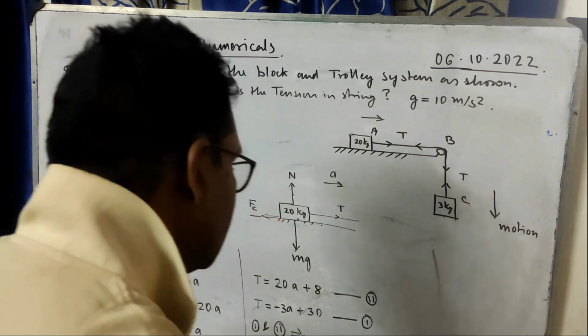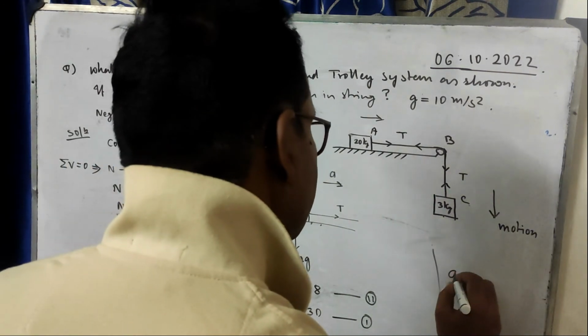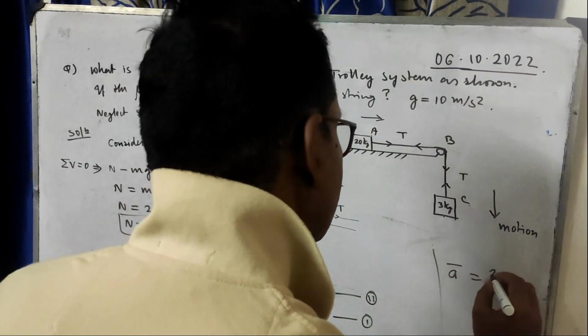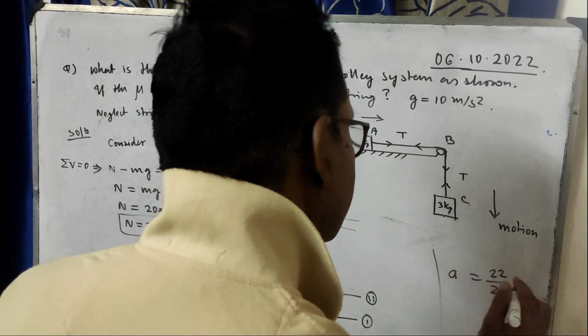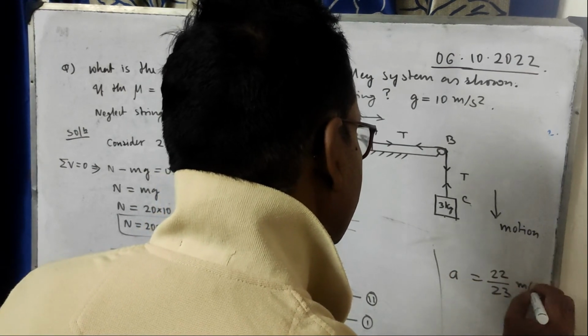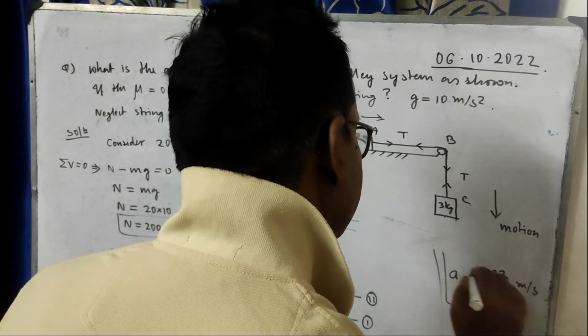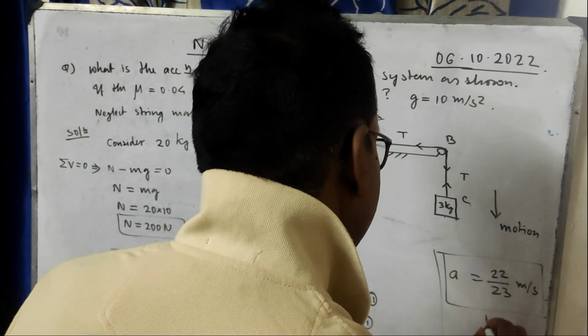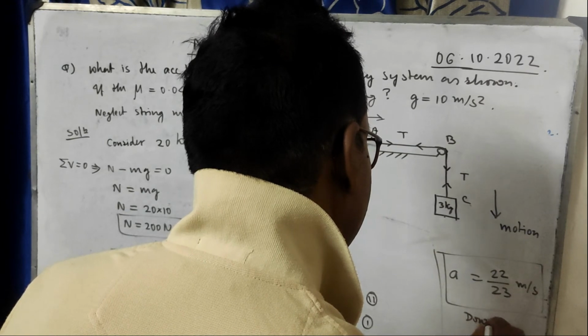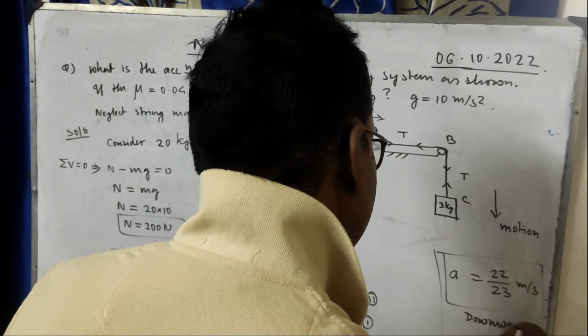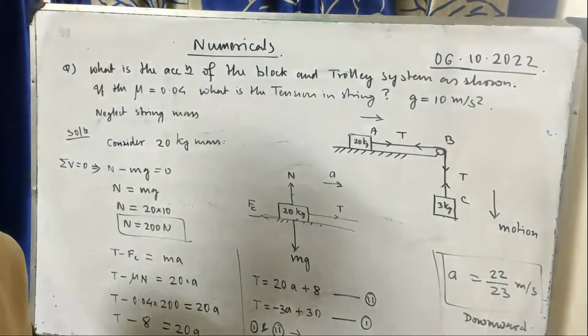Am I right? Yes. So A is nothing but 22 by 23 meter per second square. So this is your acceleration. This will be downward, right? Clear?